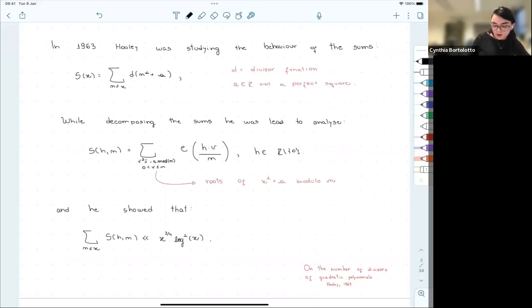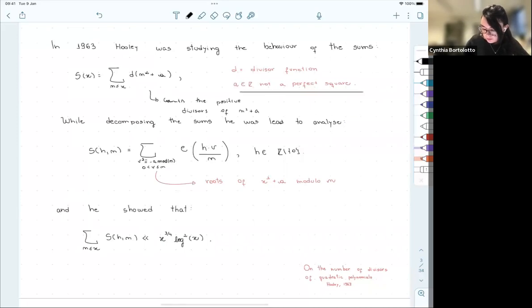The divisor function counts the positive divisors of n squared plus a, and here we are supposing that a is not a perfect square as well. He was trying to get an asymptotic behavior of this sum and a good error term.